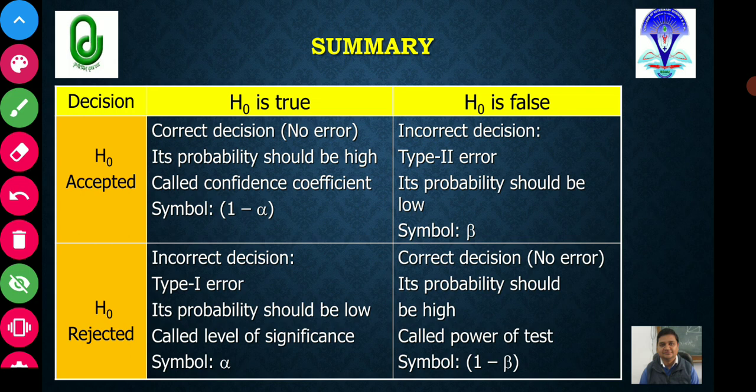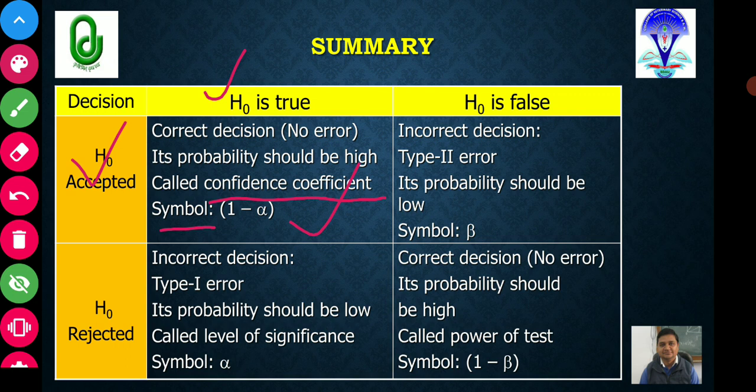If H0 is true and you have accepted it, that means you have made a correct decision. There is no error. Its probability should be high, called the confidence coefficient, and it is given by 1 minus alpha. It is not the rejection region, but a confidence region.